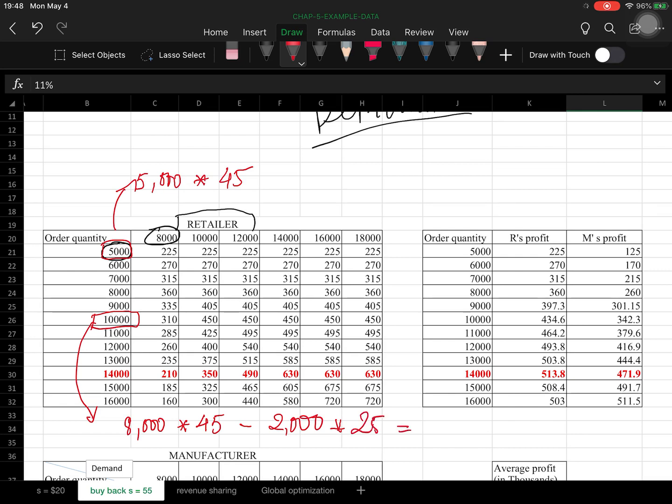and we can have the profit of retailer equal to 310,000. And here let me show you the function for this one.